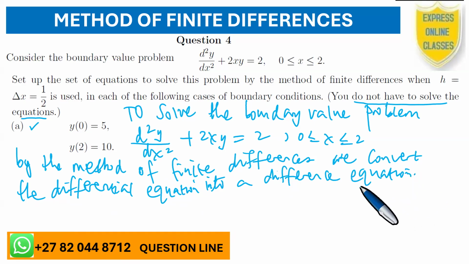And how do we convert the differential equation into a difference equation? Because it's the method of finite differences, we are converting a differential equation into a difference equation. How do we do that conversion? We need to state the formulas that we use in this case.